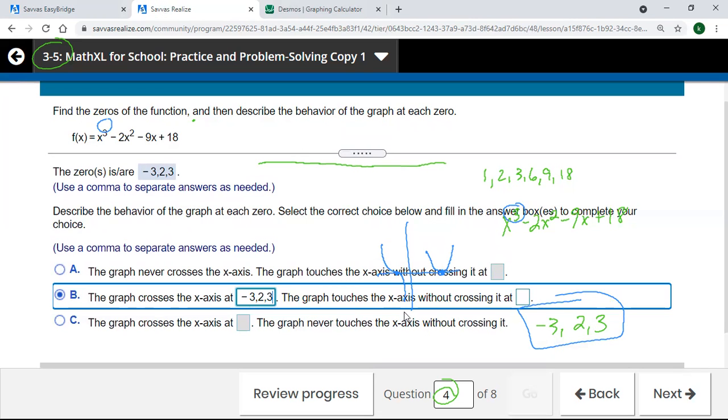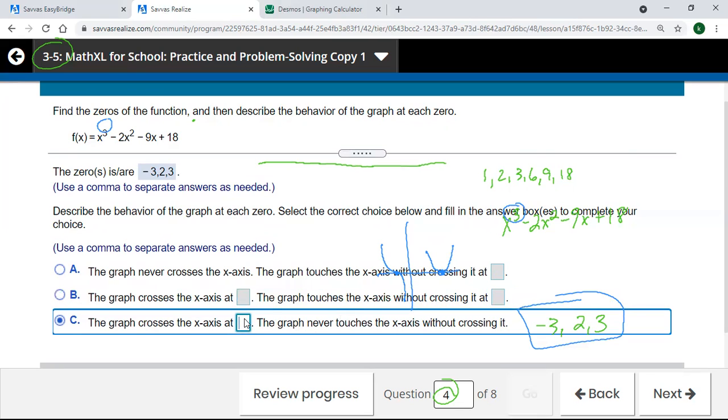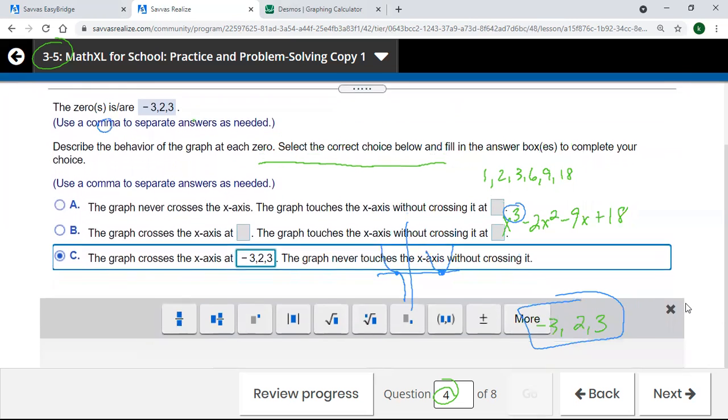So the graph never crosses, that's not true. The graph crosses the x-axis at all of them. The graph never touches, oh, this last one is the right one. Just trying to read what they're talking about. This is the one, just that one saying that it always does cross the x-axis.